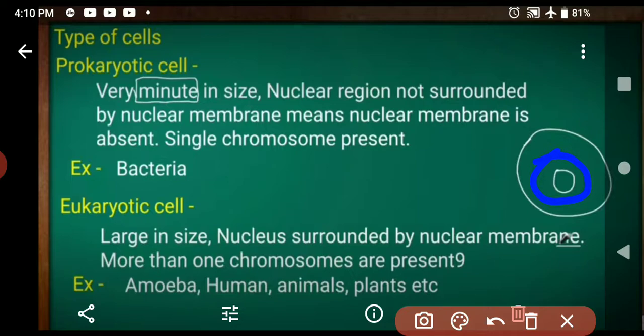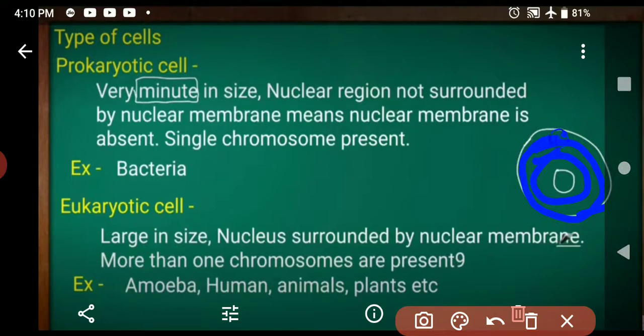Nucleolus is absent in prokaryotic cell, and nucleolus is present in eukaryotic cell. Membrane bound cell organelles are absent in prokaryotic cell, we will study about the cell organelles. So cell organelles are absent in prokaryotic cell. Cell organelles float in the cytoplasm.